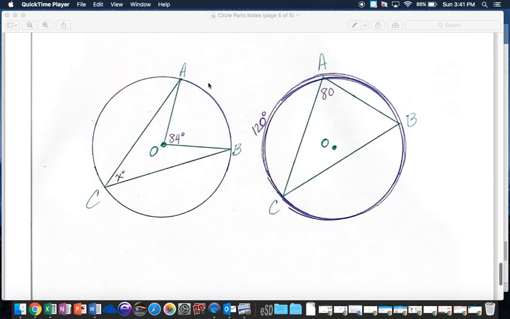Well, if this is 84, then what's the inscribed angle? Half the arc. If this is 84, this is 42. I can give you the central angle and ask you for the inscribed, or I can reverse it. Make believe I gave you this was 40. 40 would make this 80. If this was 80, this was 80. So it goes either way.